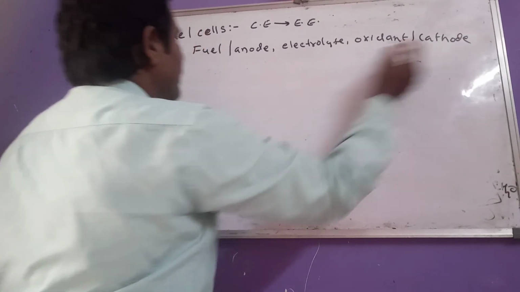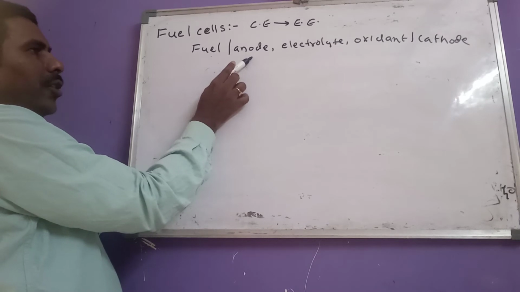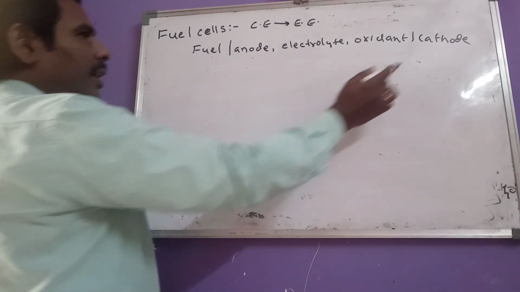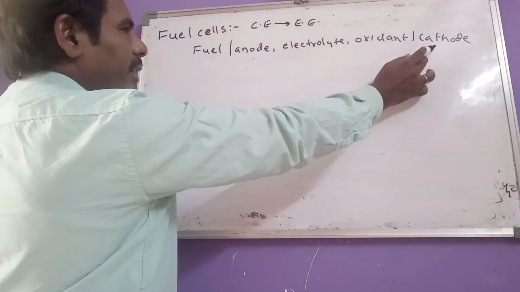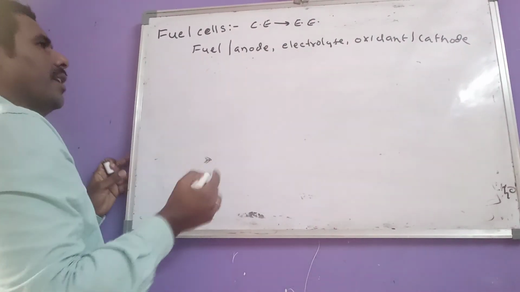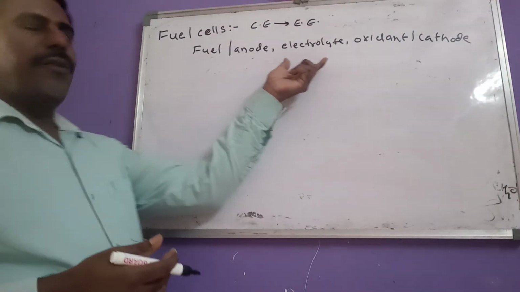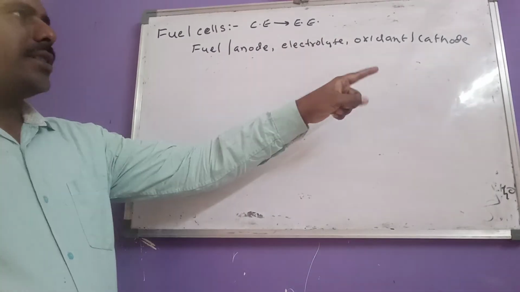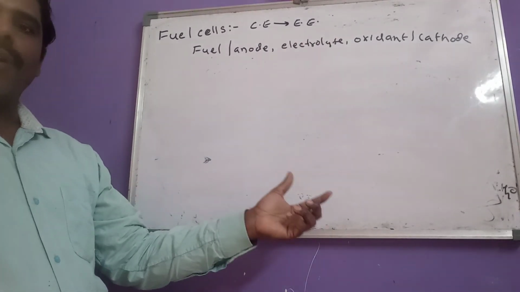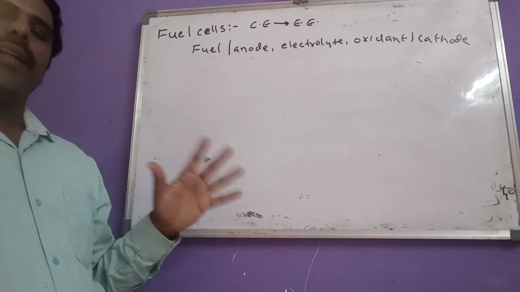So like this, fuel is passed at anode into the cell, and oxidant is placed near to cathode in this cell. So we can represent this fuel cell in this way. So fuel and oxidants, as long as we provide, this fuel cell produces electrical energy.